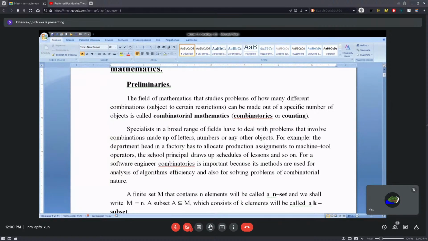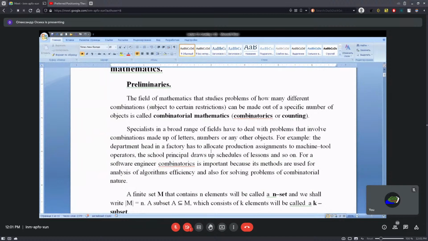For example, the department head in a factory has to allocate production assignments to machine tool operators.